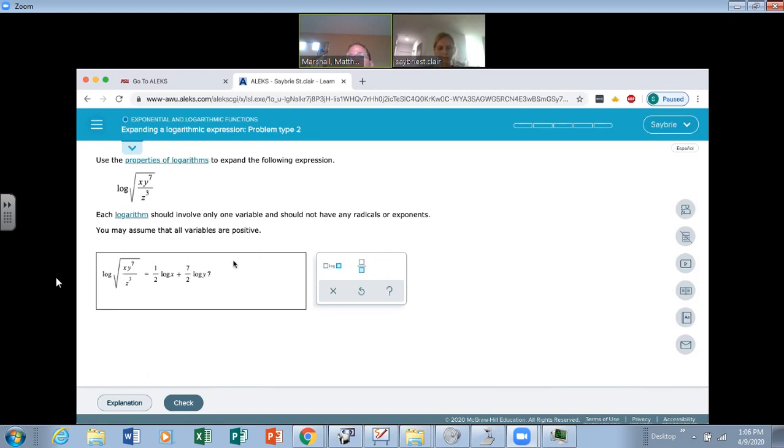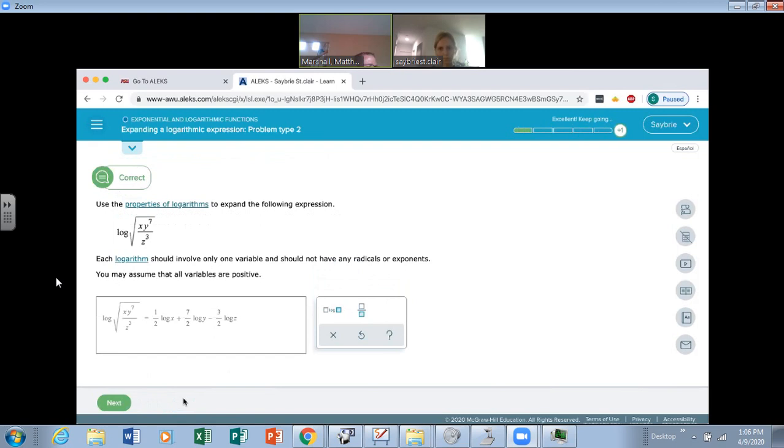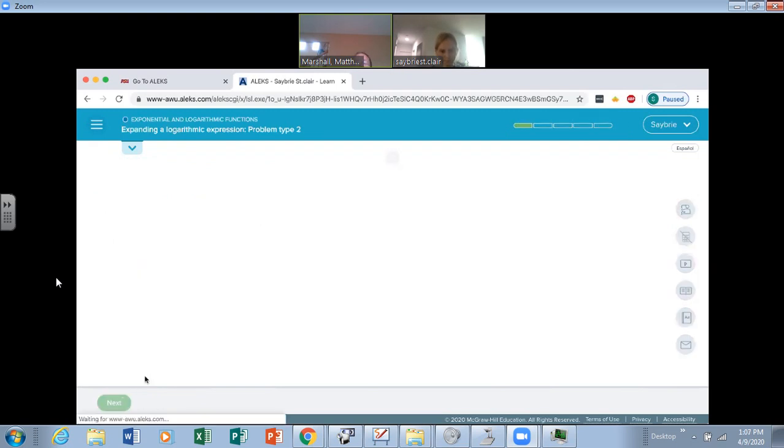And then get rid of that 7. That's what you could do when you bring that 7 down, times it by 1/2, and then minus 1/2. Ooh, so change that again. That's going to be 3/2 because they don't want that exponent on the z. Log z. I think that's it. Try that. Oh my goodness. Got it right. Sweet.